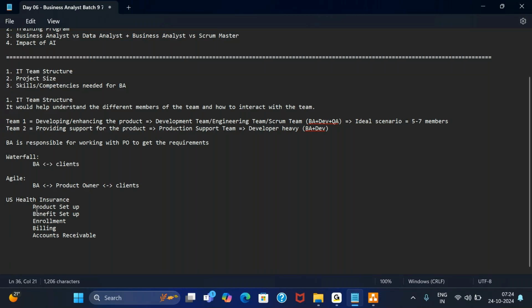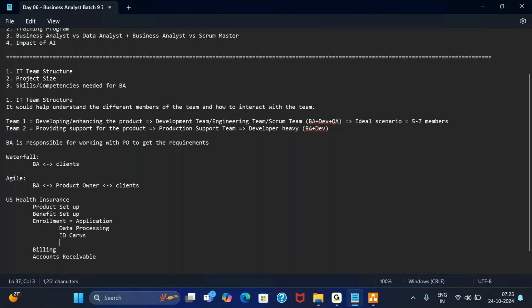The idea is that one application can have multiple sub applications. For example, under enrollment, data processing could be one such sub application. Generating ID cards could be another.